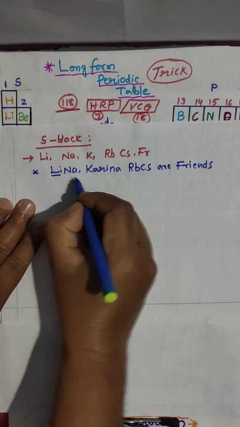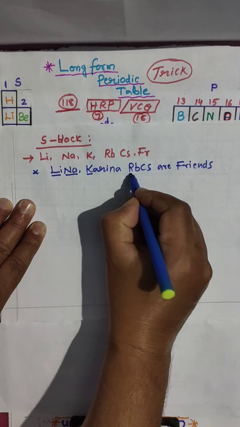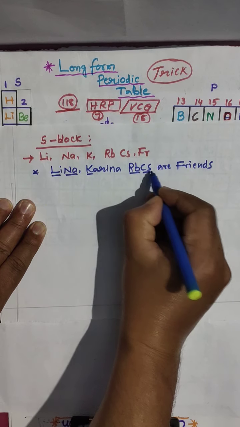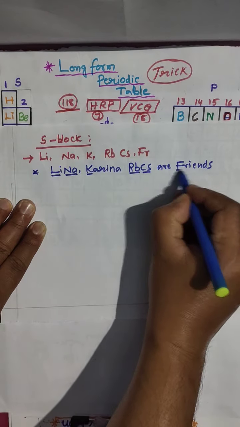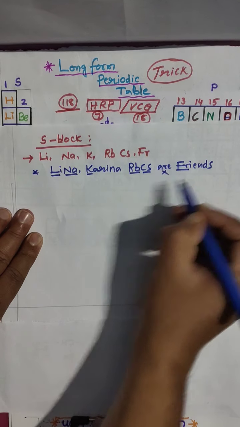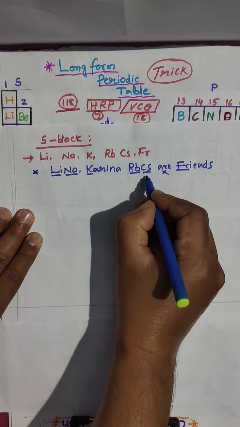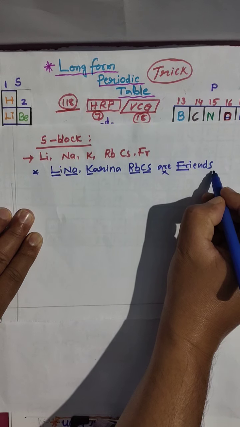Li means lithium, Na means sodium, K means potassium, Rb rubidium, Cs cesium, Fr francium. For sentence framing: Lena, Karina, RBCS are friends.